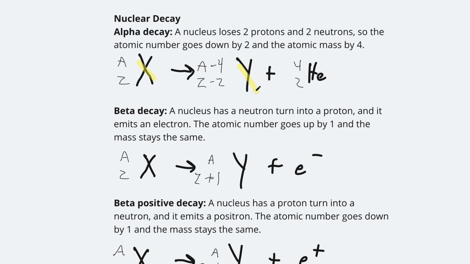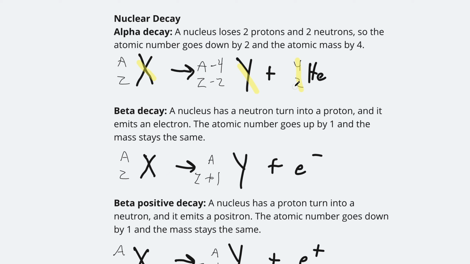Our first type of nuclear decay is alpha decay. In alpha decay, the nucleus loses 2 protons and 2 neutrons. These 2 protons and 2 neutrons are ejected from the nucleus of our original element, in the form of a helium nucleus, because a helium nucleus has 2 protons and 2 neutrons.